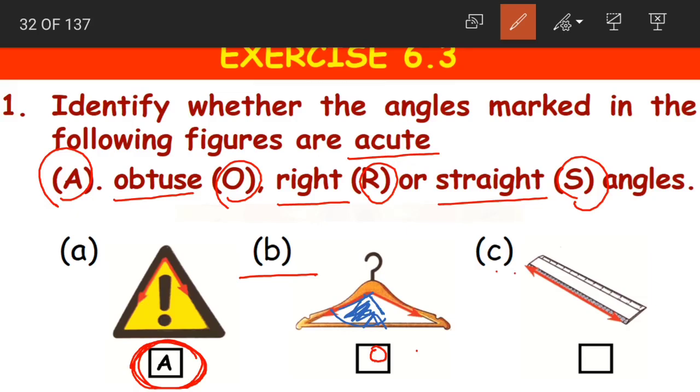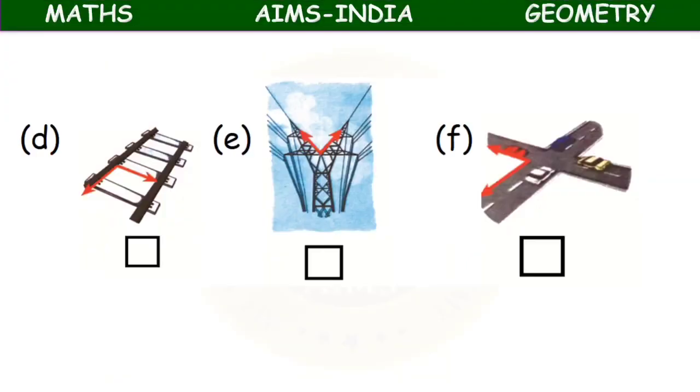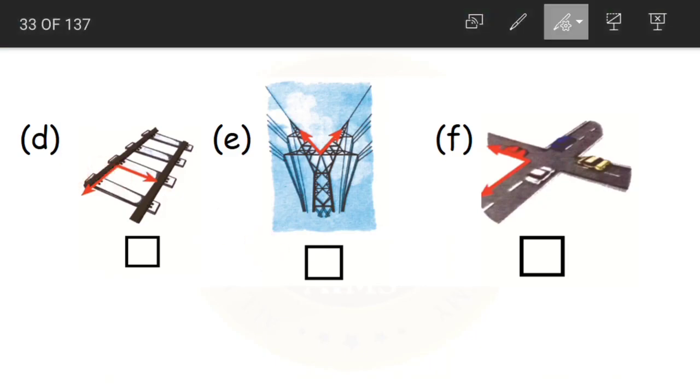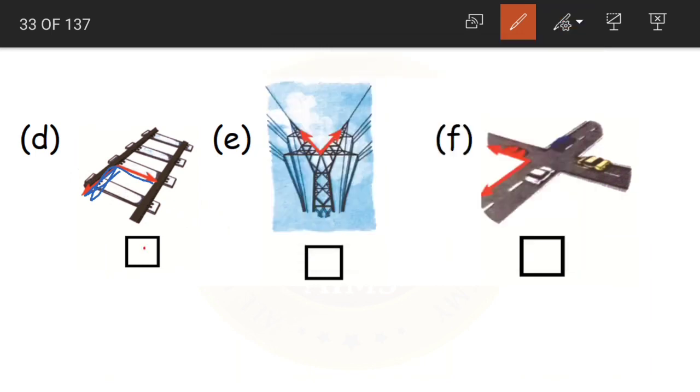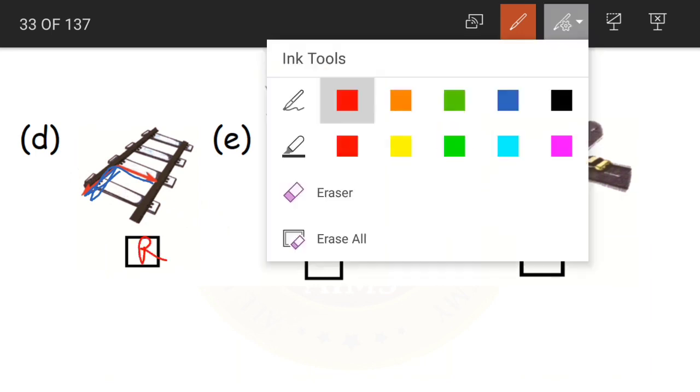Coming to C, here we are having a straight line. So what will be the angle formed? Straight angle. Yes, so S will be our answer. Next D, the angle here formed is in the shape of an L. So what are these angles, children, formed in L shape? Right angle. Yes, so R will be our answer.